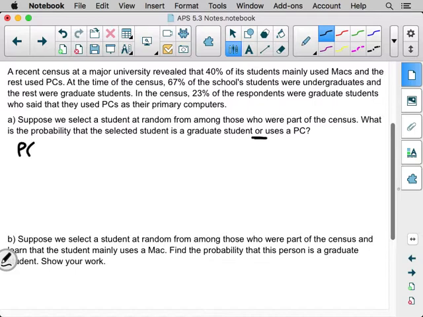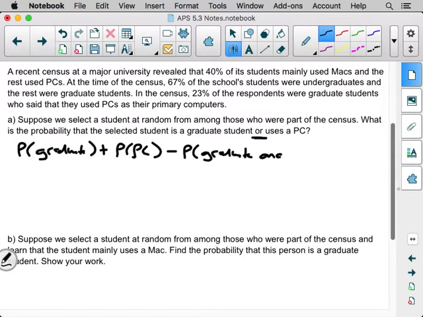So we're going to have the probability of being a graduate student plus probability they use a PC minus the probability of graduate student and uses a PC, all right? That is what or means. Add with subtraction if there's an overlap, okay?